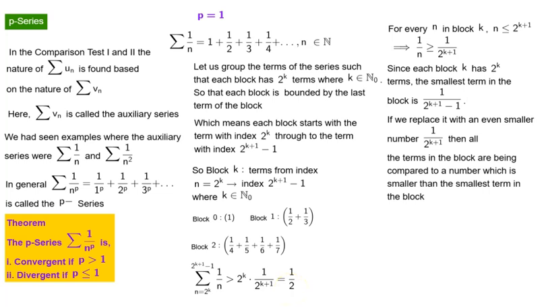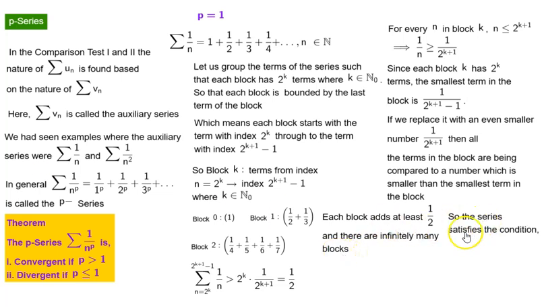That means that each block adds at least 1 by 2. And remember, there are infinitely many blocks. So, the series satisfies the condition that it is greater than 1 plus 1 by 2 plus 1 by 2 plus 1 by 2 and so on. And hence, the series 1 by n diverges.